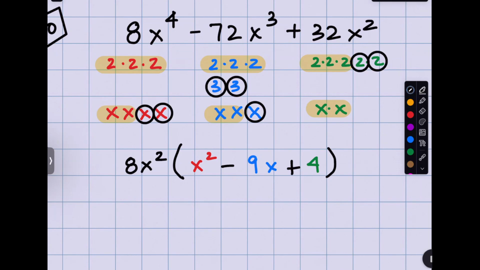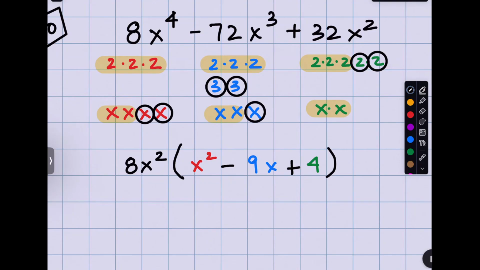Now, in terms of making those factor trees, it does take time, doesn't it? But I would tell you this. The more I've done, the faster this has taken.